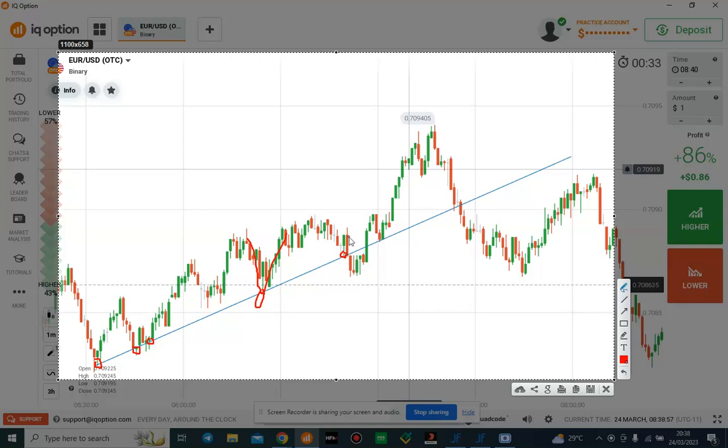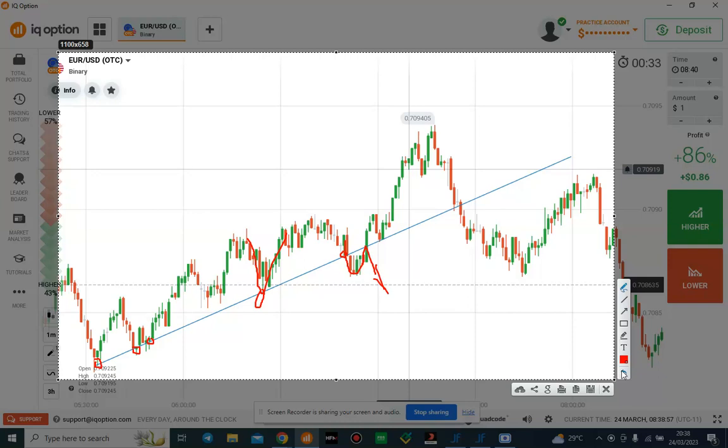If the market breaks the trend line, then retests the trend line and continues, or maybe shows a sign of continuation like a spinning top or a doji, then it indicates the market is a real breakout.